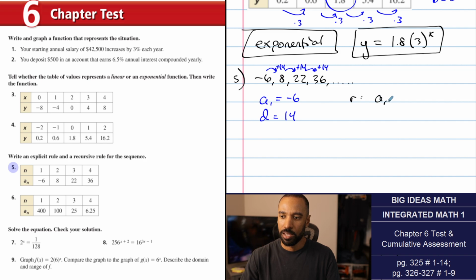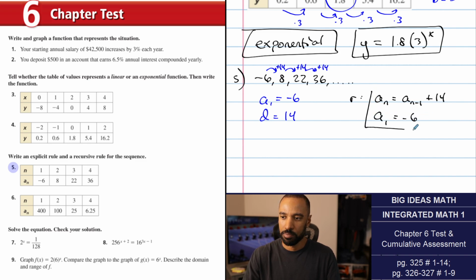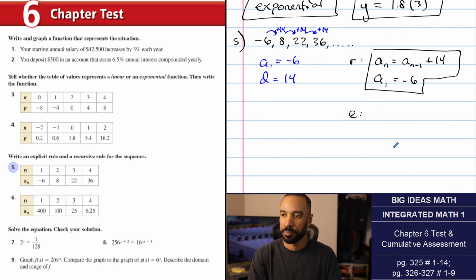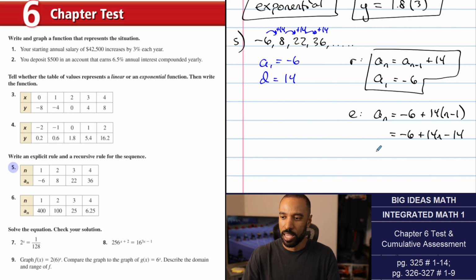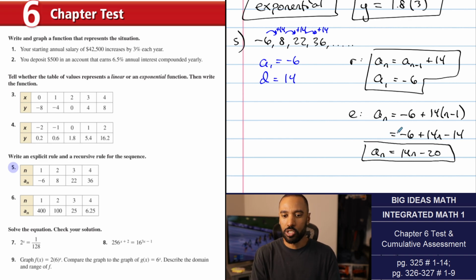Recursive rule being you take the previous term and you add 14 to it, starting from -6. And the explicit rule, which we can simplify, but the explicit rule being where we find it based on the first term and we add our common difference n minus 1 times. Now, when simplified, this will look like distribution, and then combined like terms, we'll get a sub n equals 14n minus 20.